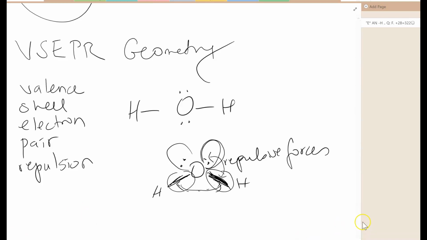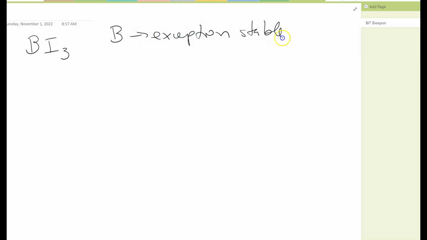All right, so before we talk about VSEPR, we'll look at some more Lewis structures. So let's think about, this is an exception to the octet. Okay, so boron is an exception. It's an atom that's stable with 6 instead of 8. Okay, so boron has 3 valence electrons.